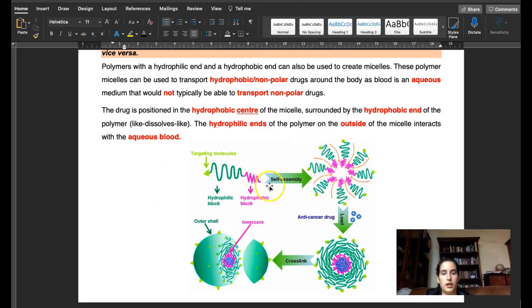So we've got the hydrophobic drug interacting with the hydrophobic end of the molecule in the center, and then we've got the hydrophilic heads of the molecule interacting with the aqueous medium of blood so that we can carry drugs around the body. Okay. That is micelles.